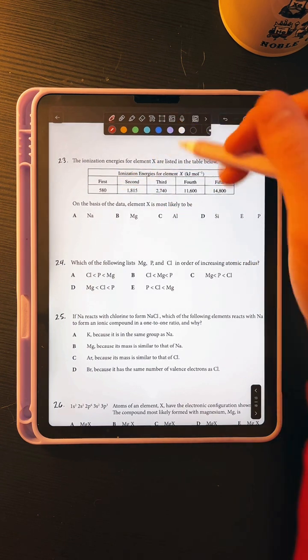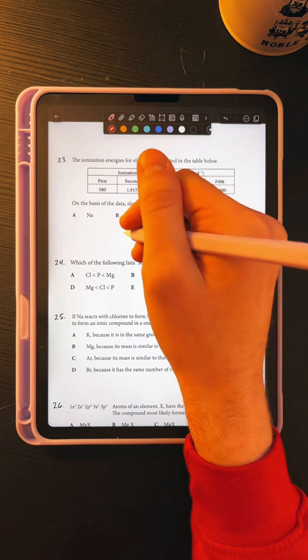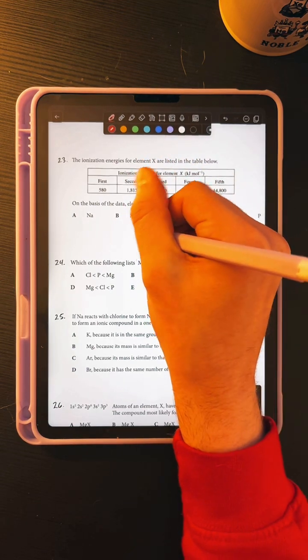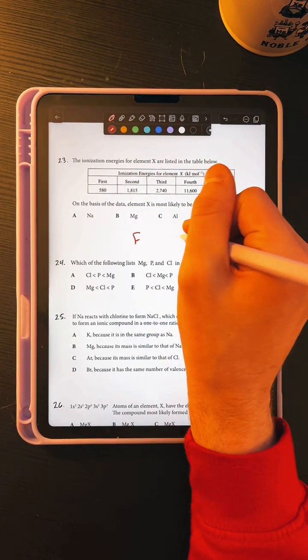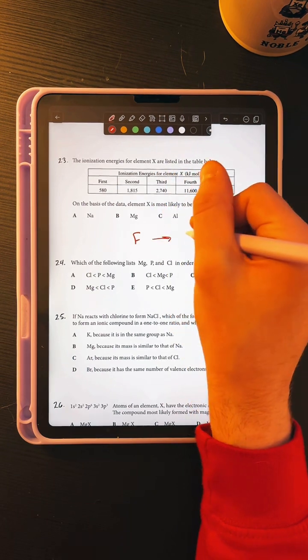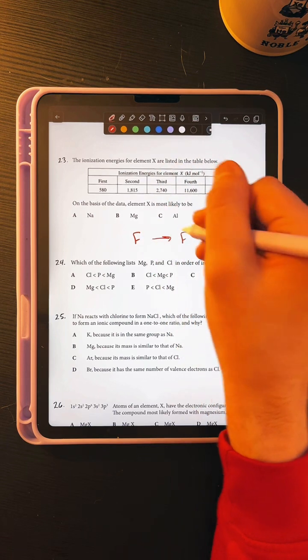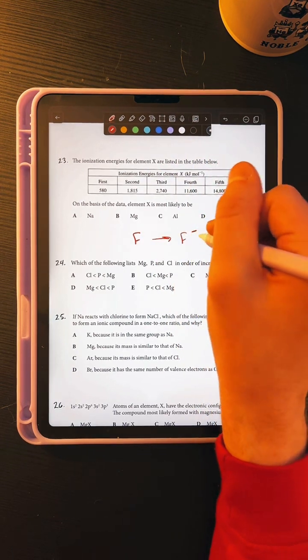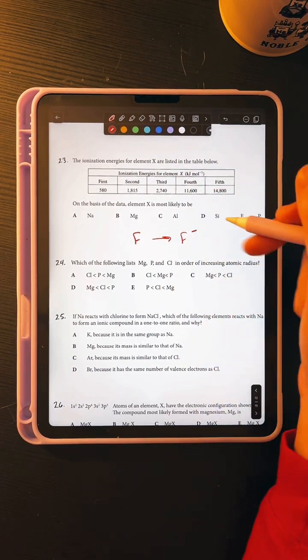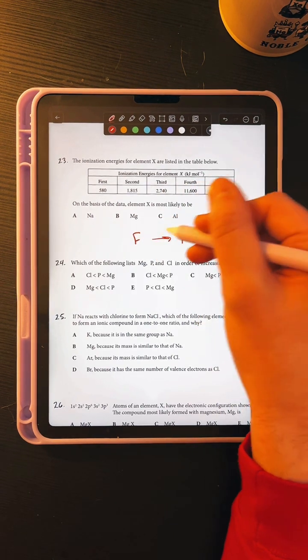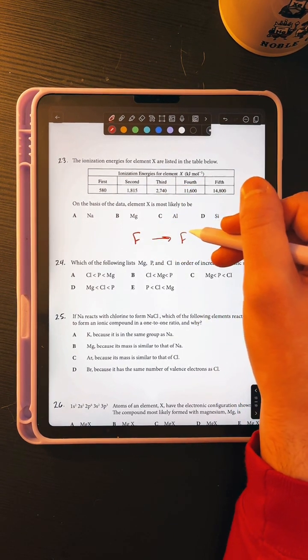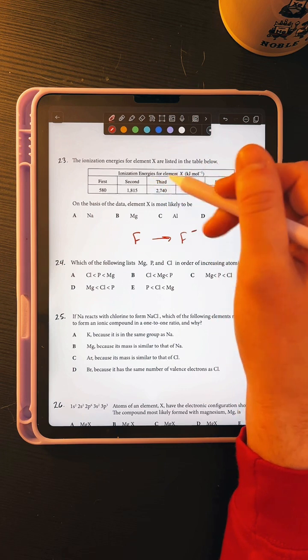That sounds counterintuitive, but if we had an element F, fluorine, and we wanted to get it to its F minus, we wanted to make it an ion, it takes energy to put an electron on that fluorine. And the amount of energy it takes to put on that fluorine is an ionization energy.